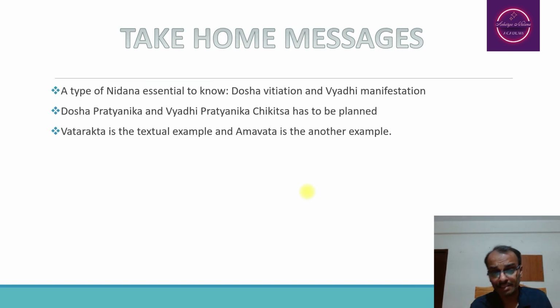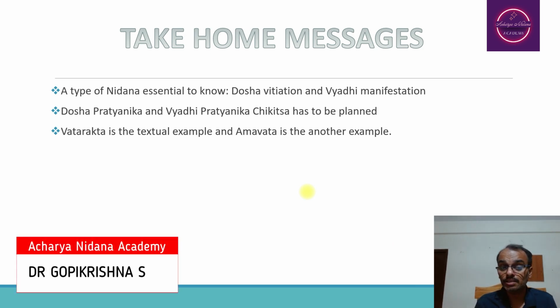So the take home messages from today's session: Ubhaya Hetu is an essential type of Nidana that we need to know. The reason is there may be a possibility of dosha vitiation as well as Vyadhi manifestation.